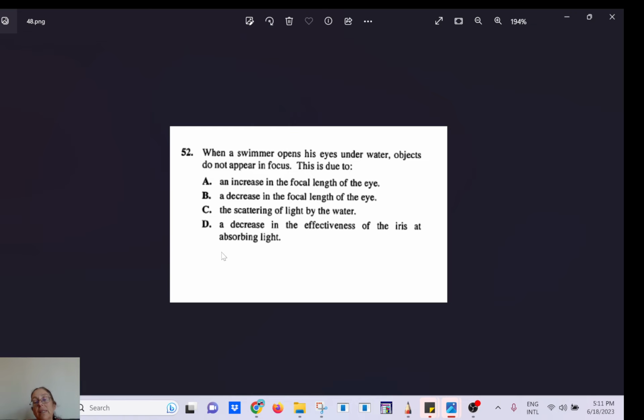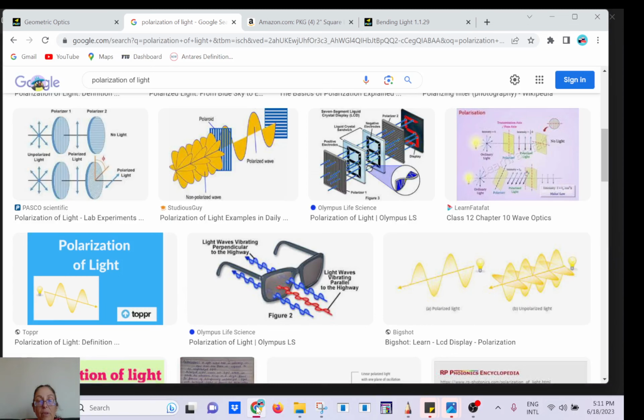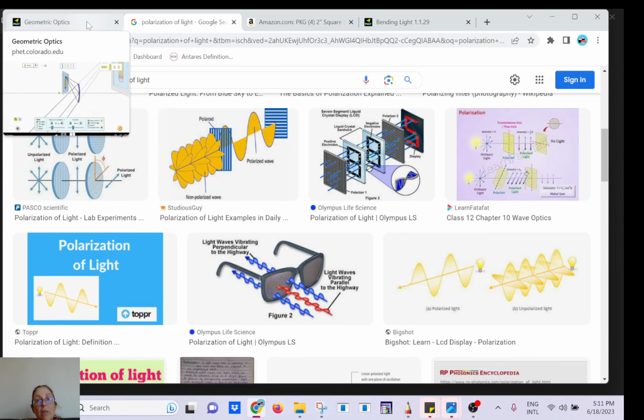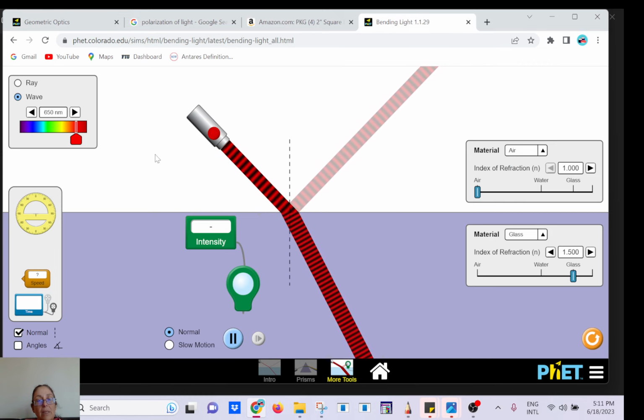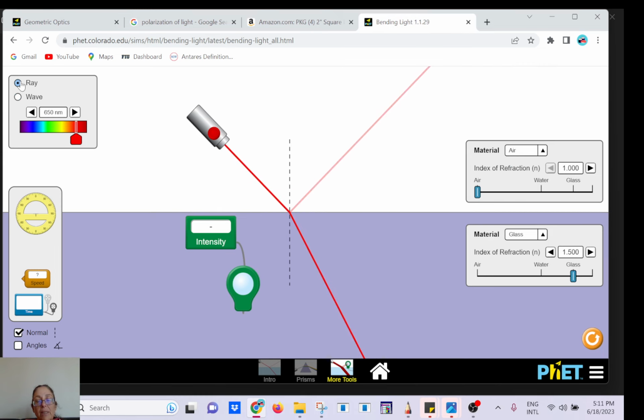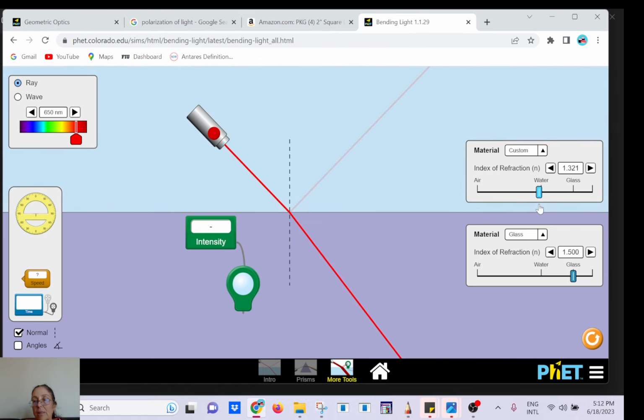So this question here, you can pause the video, but we already discussed that when you consider refraction, you're going to have less refraction if instead of going from air to glass, for example, you go from water to glass, right? Because there is not enough contrast, so you have less refraction.